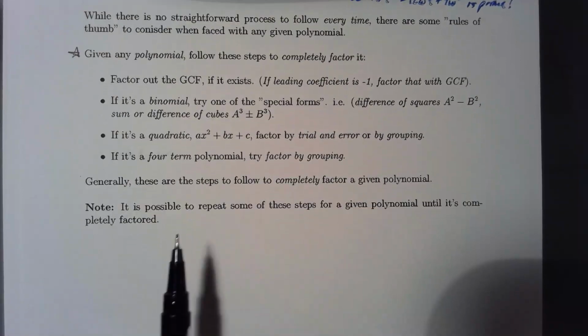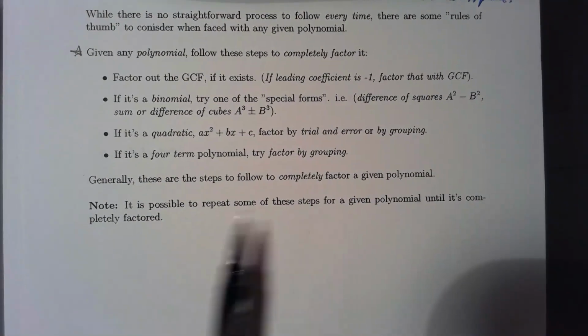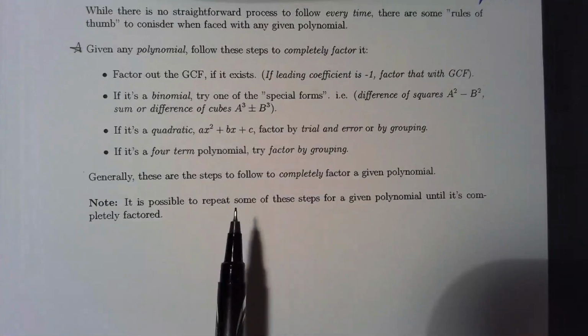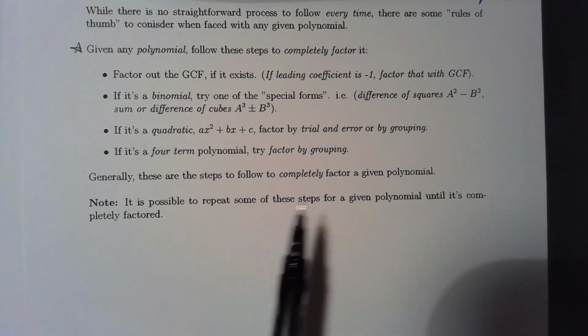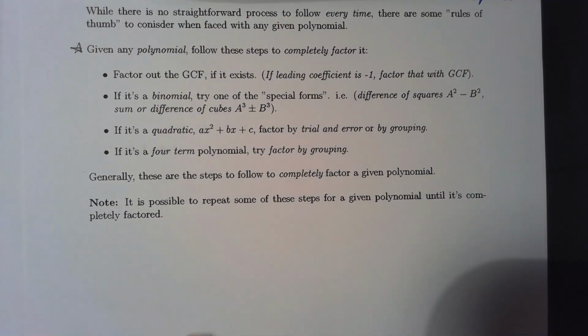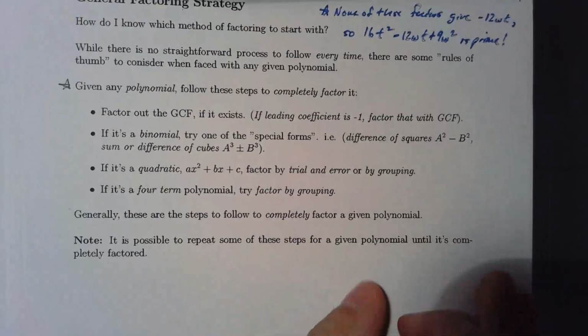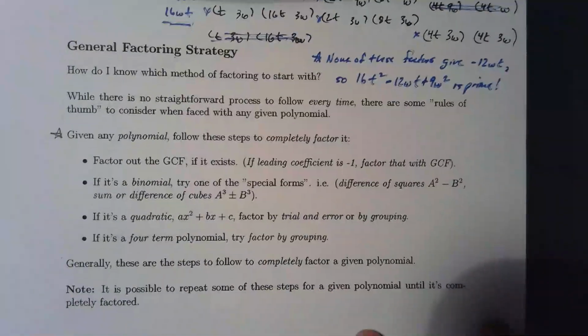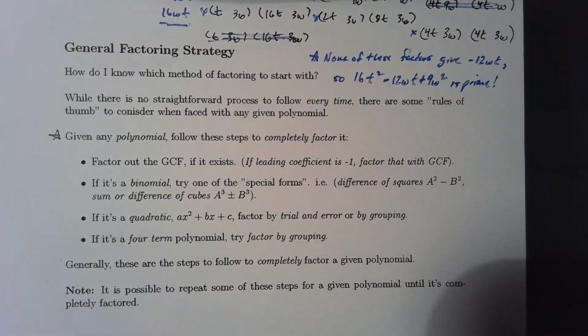So again, you may have to factor a quadratic or any polynomial in general. You may have to factor it several times. It could take 3 or 4 times to factor it completely. It just depends on how sophisticated the polynomial is that you're trying to factor. That's really what it comes down to.